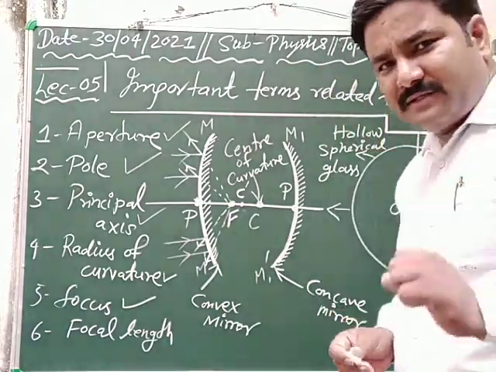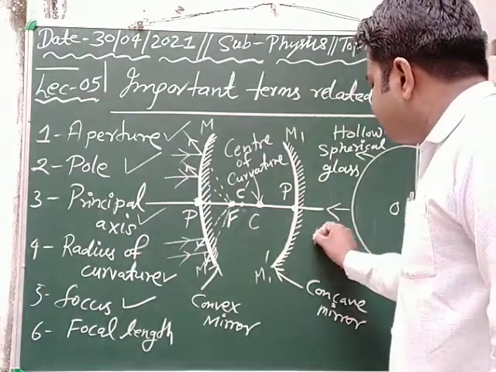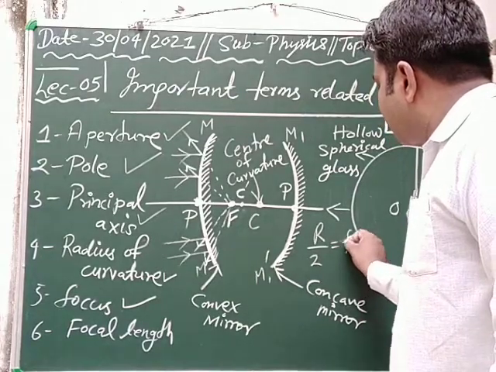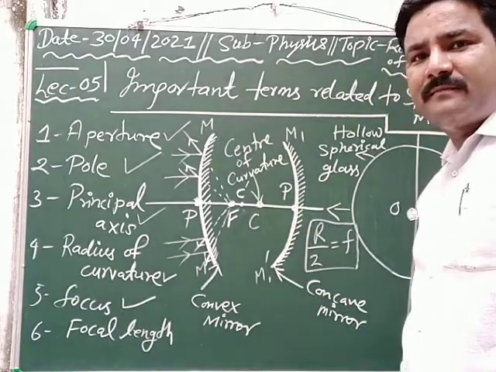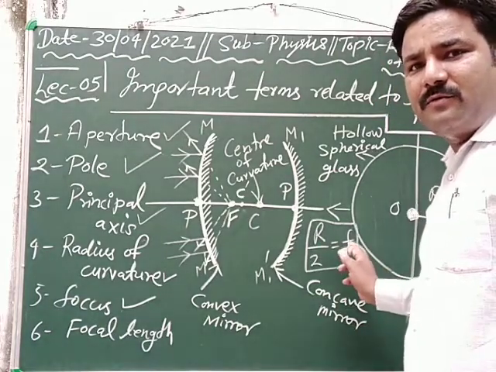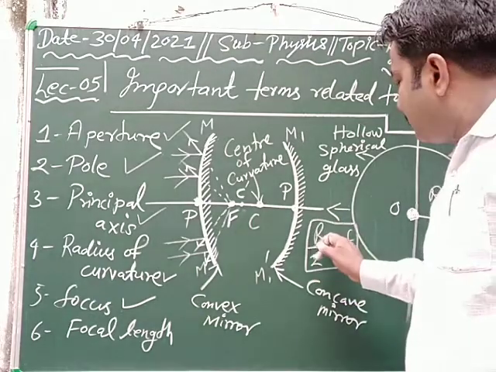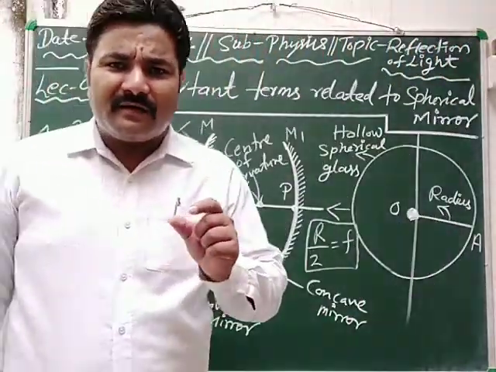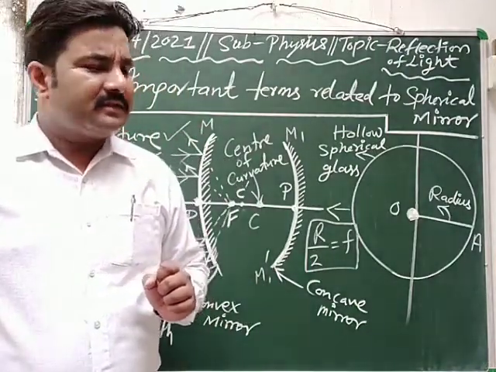When the radius of curvature is known, R upon 2 is equal to F. This is a very important lesson. R upon 2 is equal to what? F. Clear? Half of the radius of curvature is the focal length.